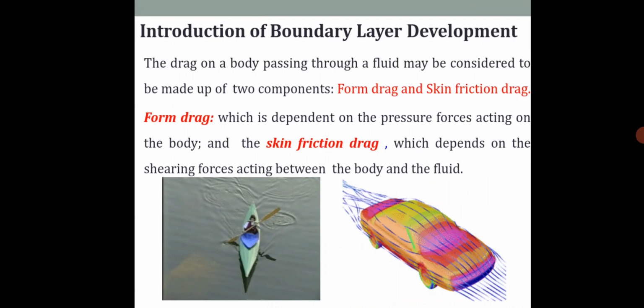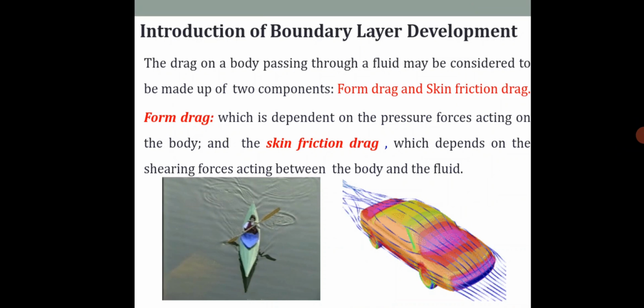You can see that the drag on a body passing through a fluid may be considered to be made of two components. Your body is in space and the drag on this body has two components. The first one is the form drag and the other one is skin friction drag.